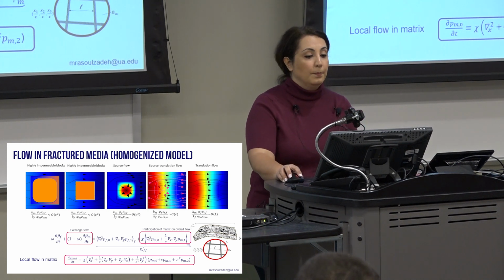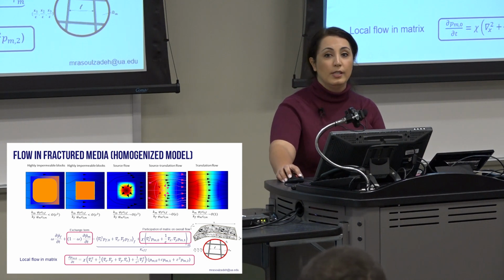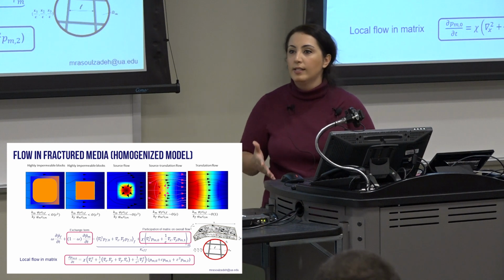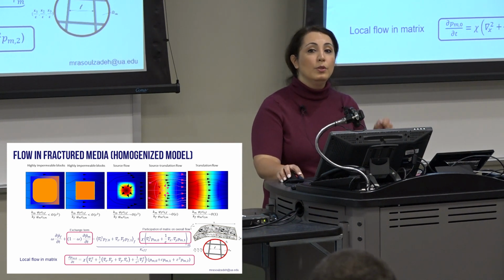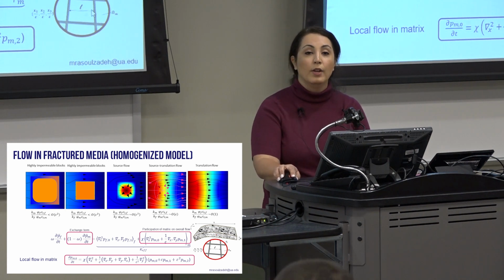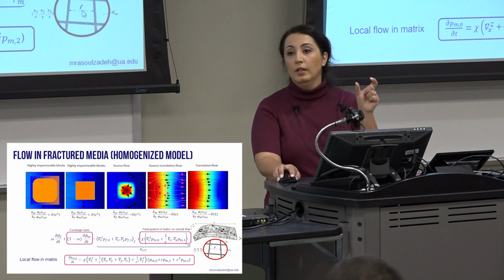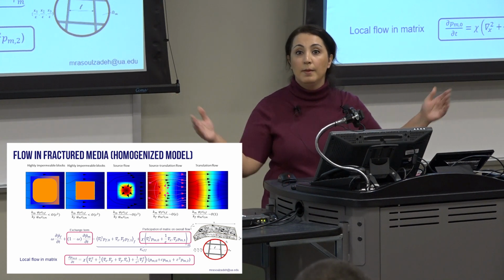If the permeability of matrix compared to the fracture is very small, then I have to say what this small is. So in the context of homogenization, we introduce the small parameter. That small parameter is the characteristic length of one cell of inhomogeneity divided by the medium length.